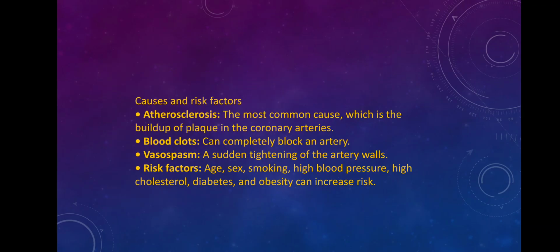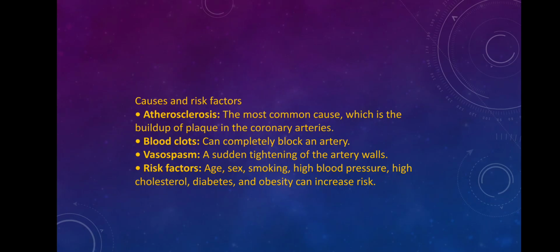The cause and risk factors. What are the causes that produce the condition? Atherosclerosis, a buildup of plaque in the coronary arteries. Then a blood clot can completely block the arteries. Then vasospasm, a sudden tightening of the artery walls.